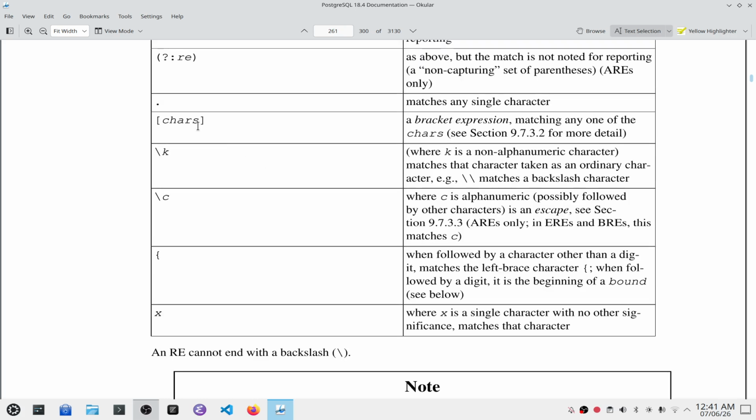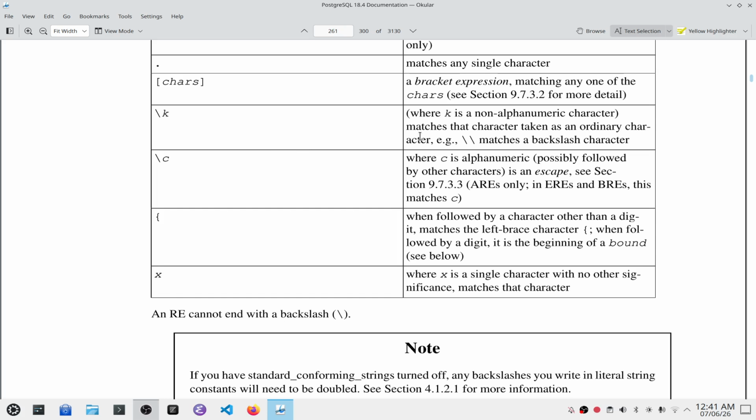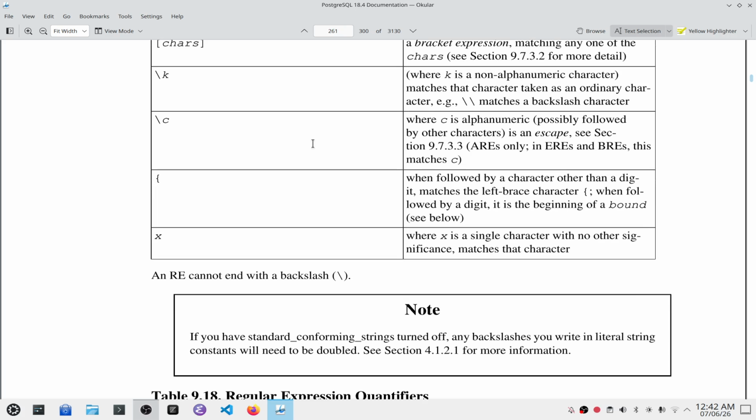Then we have [chars], a bracket expression, matching any of the chars. Then we have \k, where k is a non-alphanumeric character, which matches that character taken as an ordinary character. For example, \\ matches a backslash character. \c, where c is alphanumeric, possibly followed by other characters, is an escape, AREs only. In EREs and BREs, this matches c.